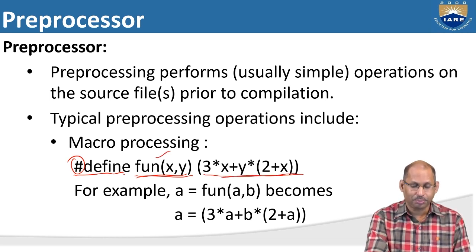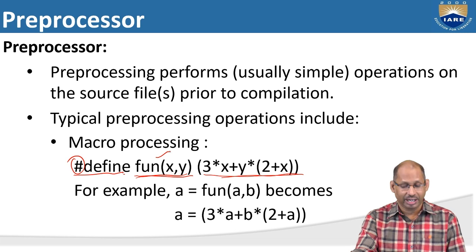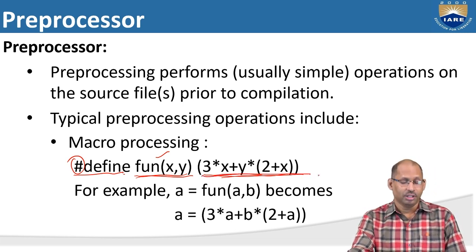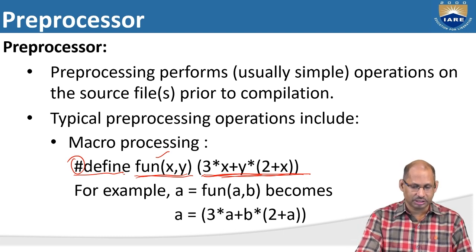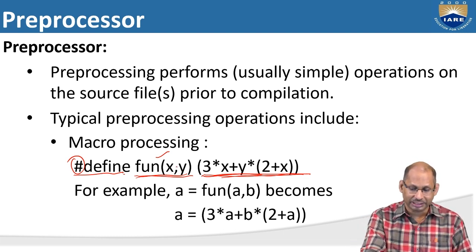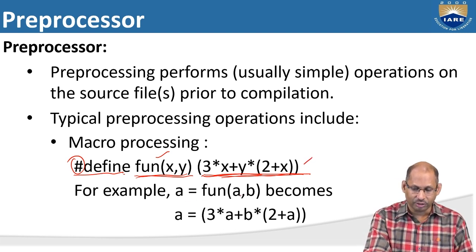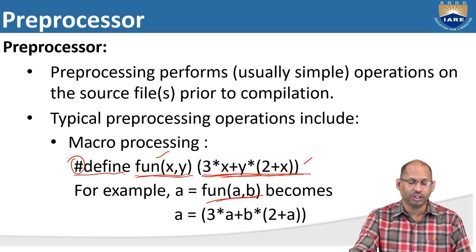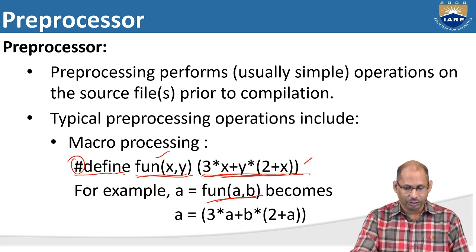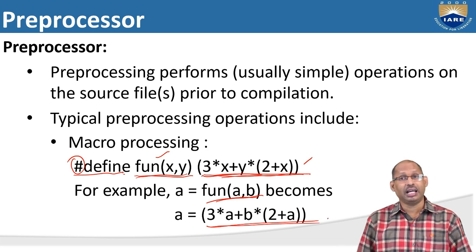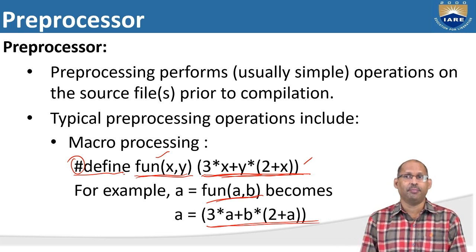This is the preprocessor label and name, and this is the respective statement. Whenever it observes the function, it is replaced by this statement. For example, a equal to function of a comma b will become this statement.